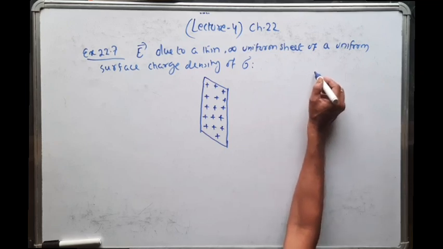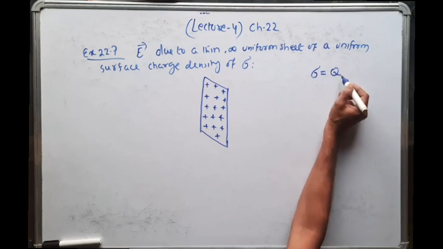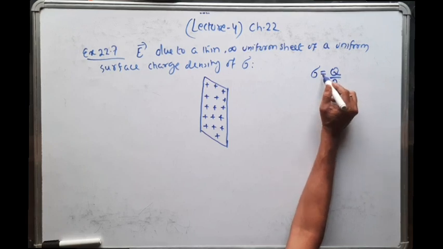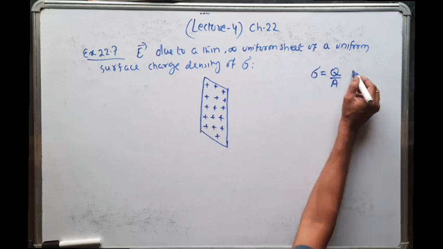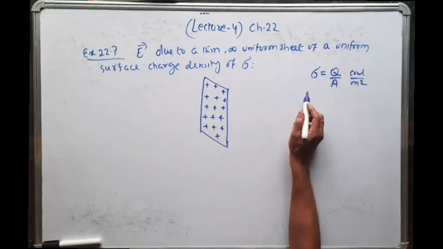What is surface charge density? If the total charge given to the plate is Q and the total area of the plate is A, then total charge distributed per unit area is called surface charge density. What is the unit? Charge is in coulomb, area is in meter square.